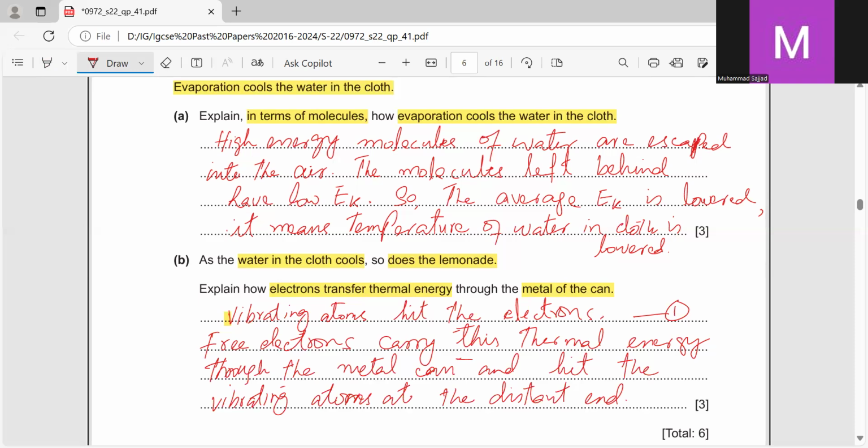So this was the second mark, and this is the third. In this way, you can score all these three marks.